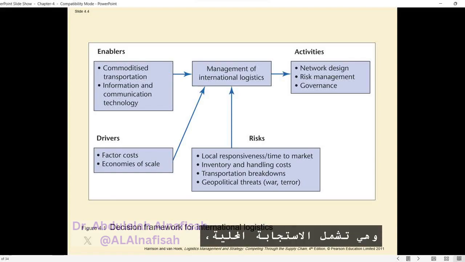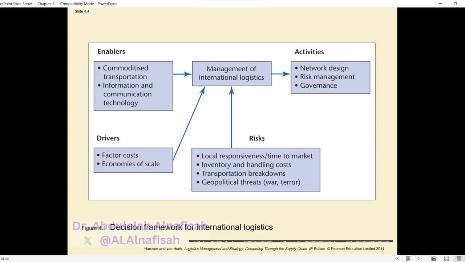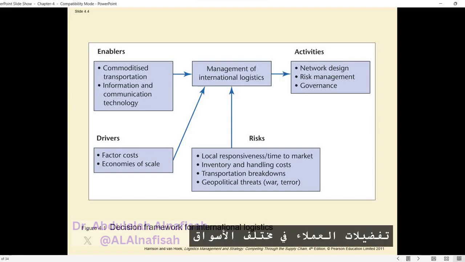They include local responsiveness/time to market issues, which means the difficulty of meeting the diverse and changing needs and preferences of customers in different markets, inventory and handling costs, which means the expenses associated with storing and moving goods and services across borders, transportation breakdowns, which means the failures or delays of transport modes or routes, and geopolitical threats, which means the risks of war, terror, or other political or social conflicts that may affect the logistics network.